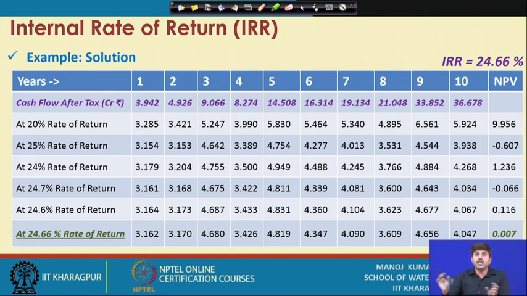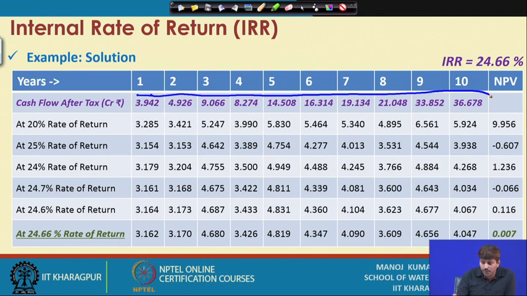When it is equal to the initial investment, that particular discount rate will provide the solution in the form of the IRR. So, for this problem, this cash flow after tax we estimated, and we will take this forward from this point onward.